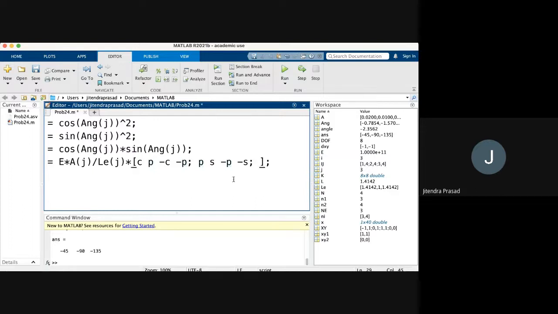If you look here, the third one should start like this. The third one should be minus c actually, minus cos. Okay, guys, I think you can write here also. Just a minute.